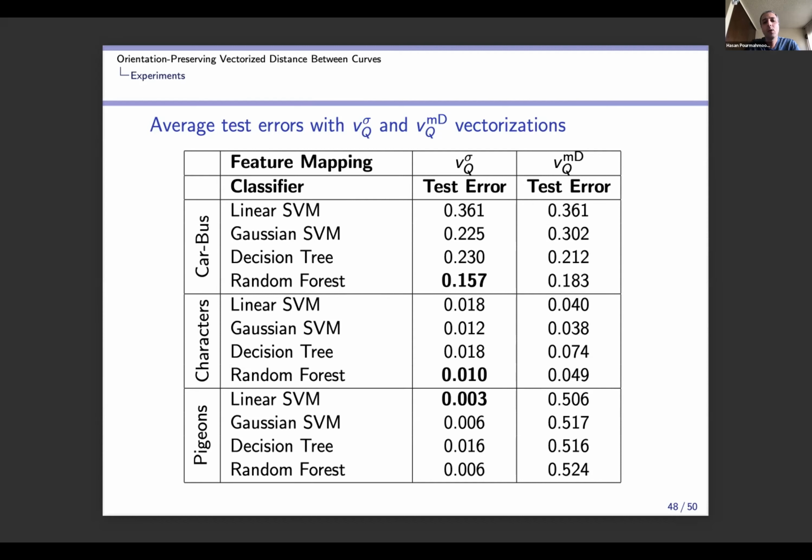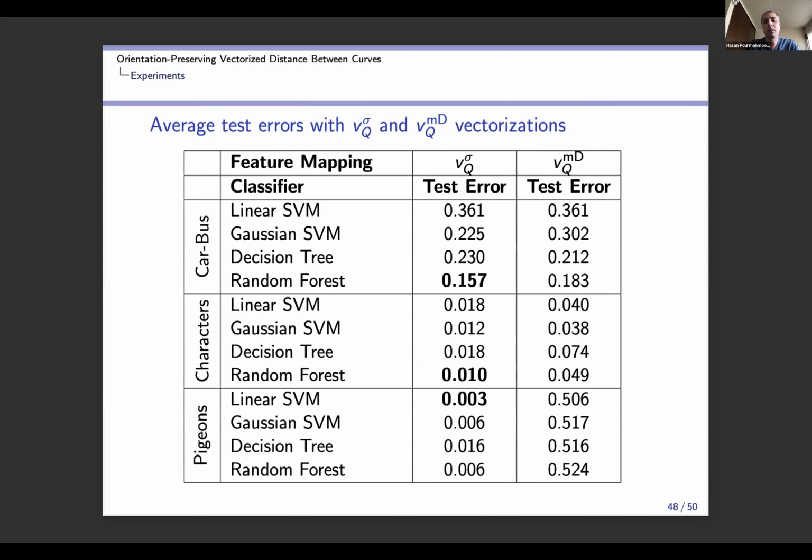And the third one is the pigeons dataset, which is the track of the flights of some pigeons from point A, for example, to point B. We took all the trajectories in the pigeons dataset and reversed the direction of half of the tracks.